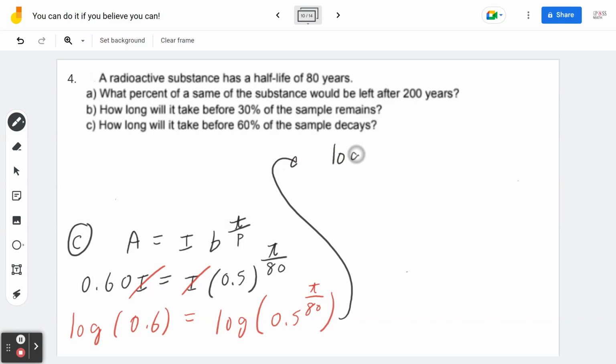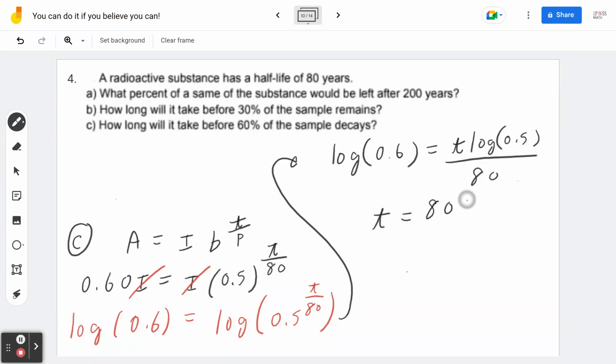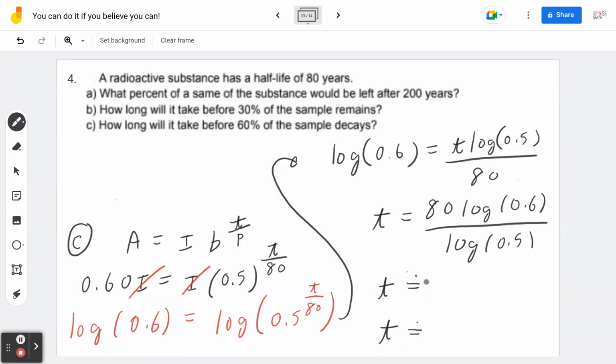So log of 0.6 equals T divided by 80 times log of 0.5. If you isolate for time, the opposite of dividing by 80 is to multiply. And of course, the opposite of multiplying is to divide. So you're going to divide by log of 0.5. Let's grab the calculator. We'll talk about the rounding again.